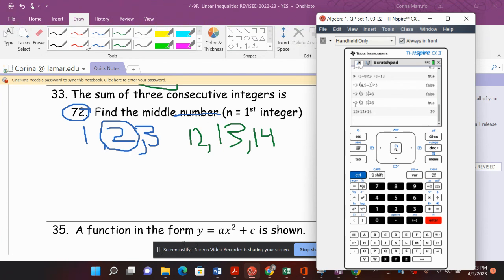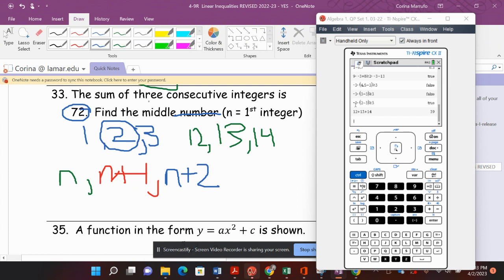We can do it the math way. So using math, you have the first number. We're going to call it n. You have the second number. It is n plus 1. And then you have the third number. The third number is n plus 2. And we know it says the sum. So when we add these 3 numbers together, it should equal 72.